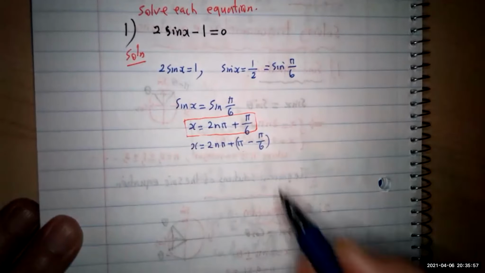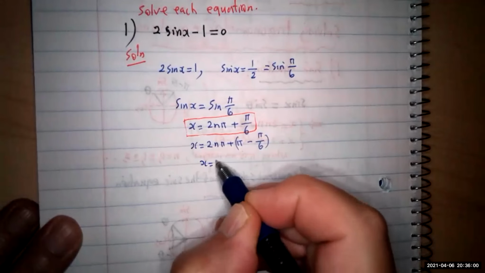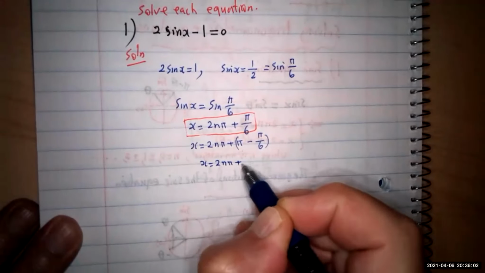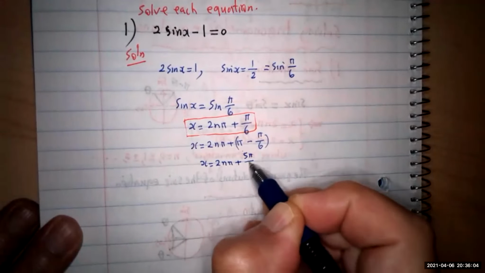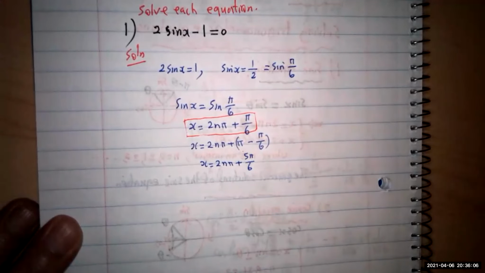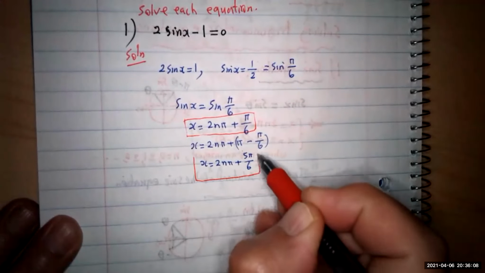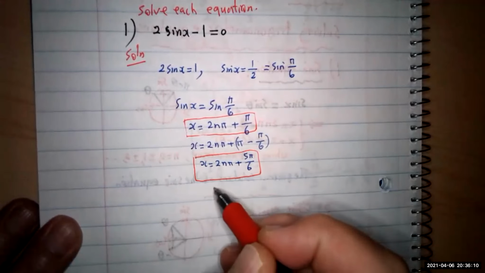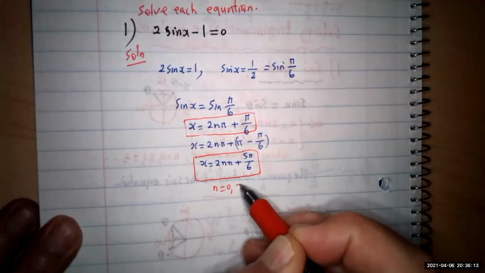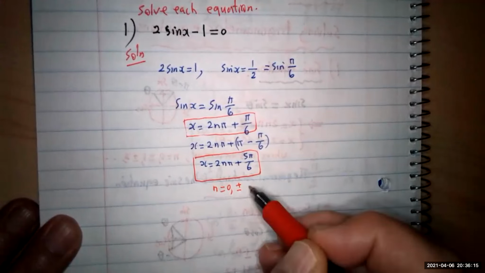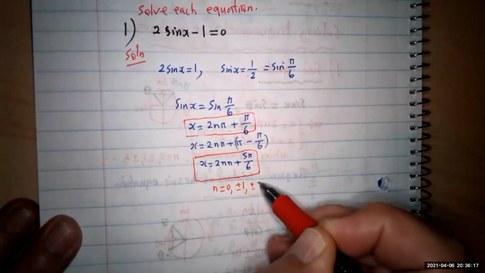Okay, you simplify this one, so that gives x equal to 2n pi plus 5 pi over 6. This is going to be the other group of the solution. Okay, but you mention that n is equal to 0, or just say n is an integer. We accept it.